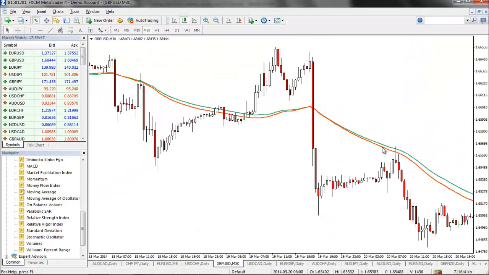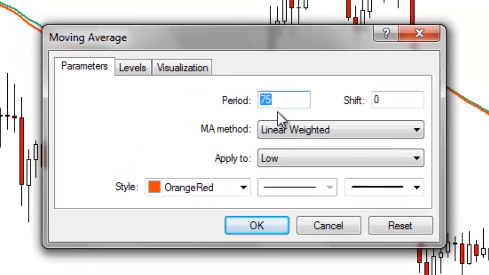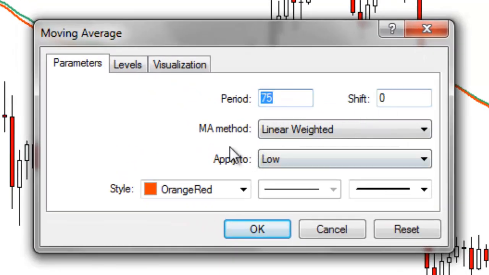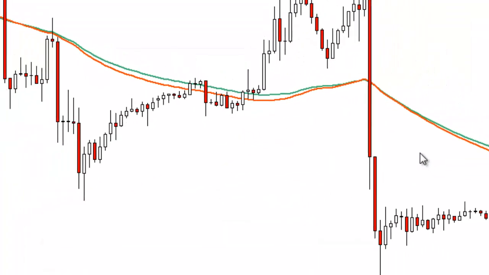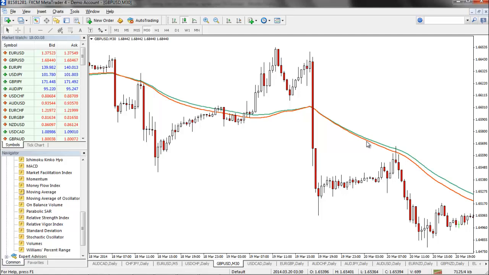So the second moving average is also placed here. Again, the settings are period 75, shift 0, moving average method linear weighted, apply to low, and you can choose any color you want and select some width.